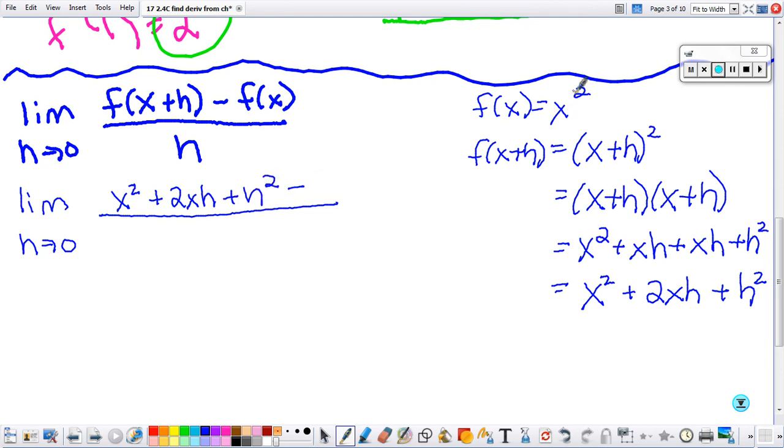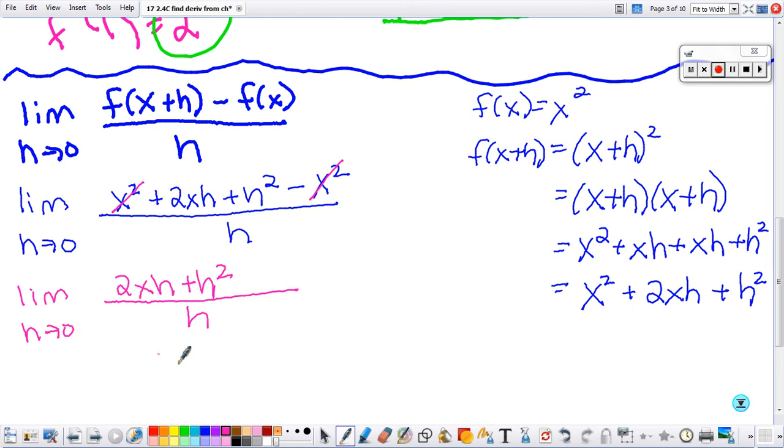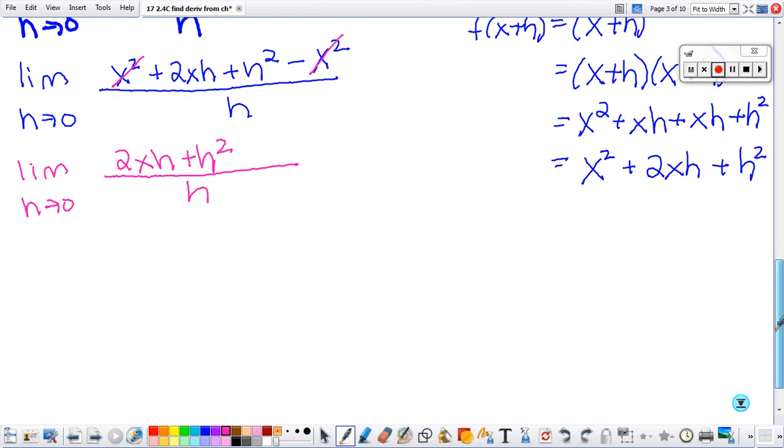And f of x was x squared. Just like before when we had numbers, these have to subtract to 0, and they do. So the pieces that we're remaining with, can I simplify this fraction to eliminate h in my denominator?